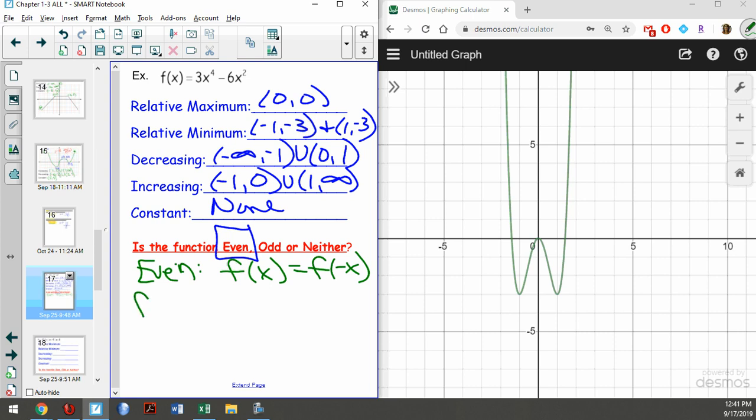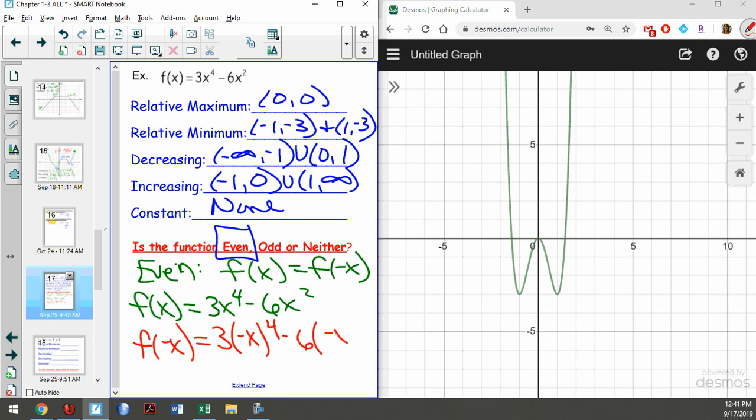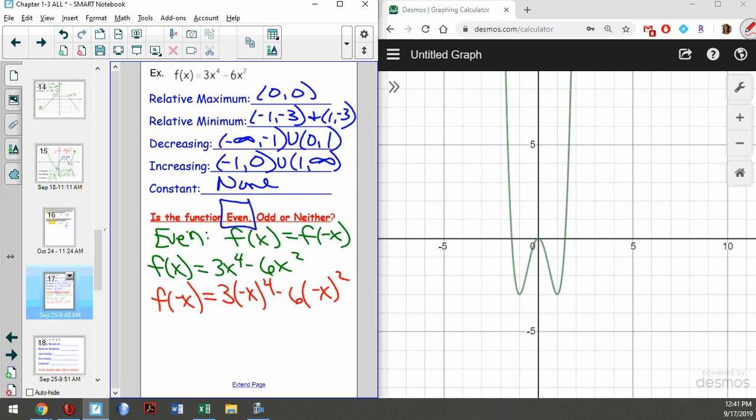So f of x is given to be 3x to the fourth minus 6x squared. Yes? So to do f at -x, I'm replacing every x with what? -x. Yes? So tell me, what is -x times -x times -x times -x? x to the fourth.